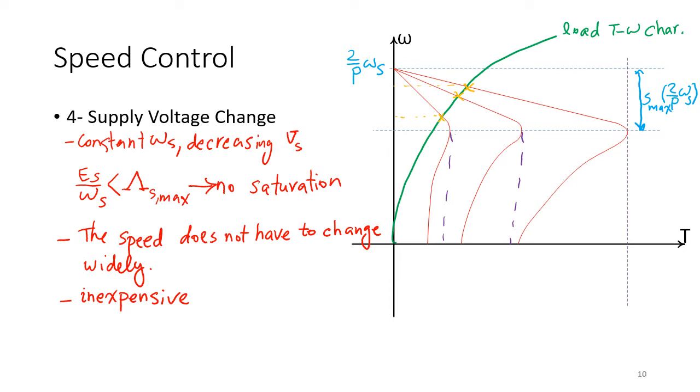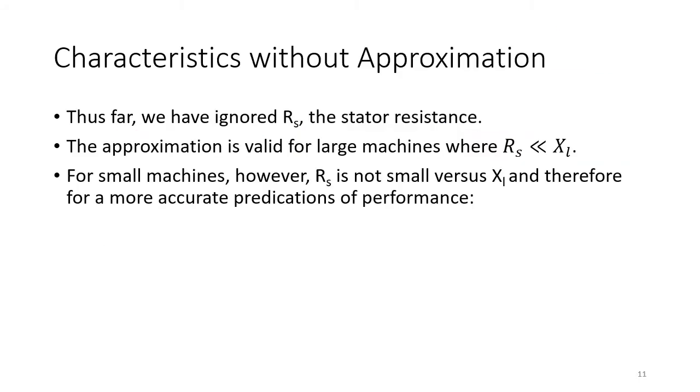For example, changing the frequency is not limited to one method. There are several methods that we can use. But here I just tried to discuss the concept and not get too technical.